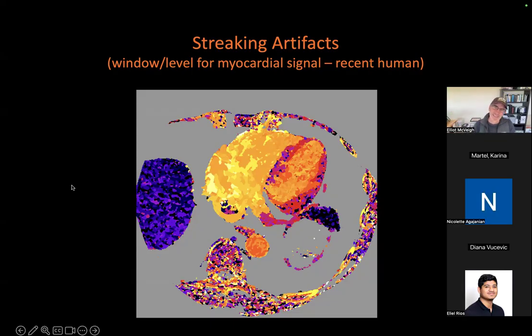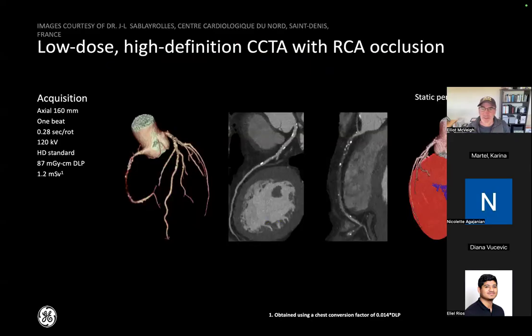So again, we're at the borders of signal to noise and reduction in artifact in order to get really good perfusion estimates with CT. That's why I think CT for perfusion is probably not your best choice, probably better to do MR. With MR, you can get really spectacular data.